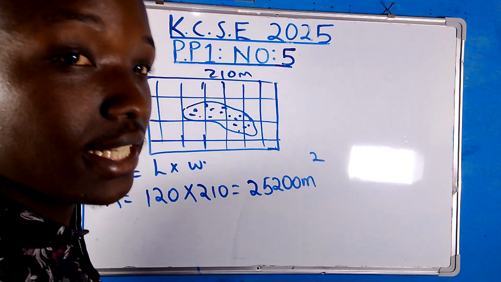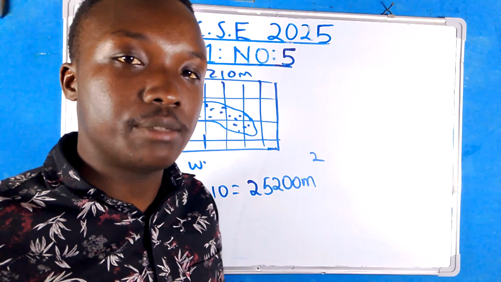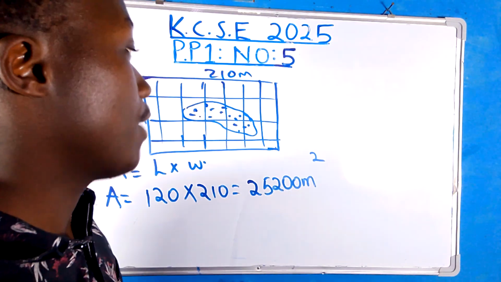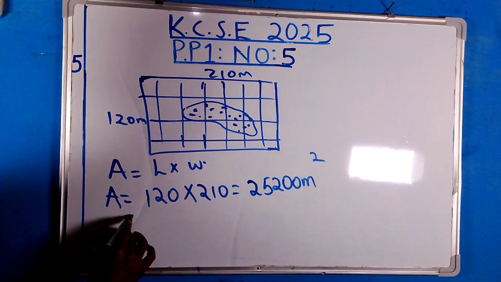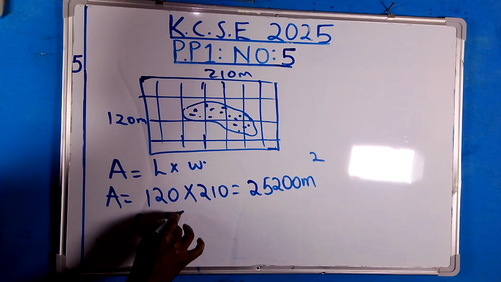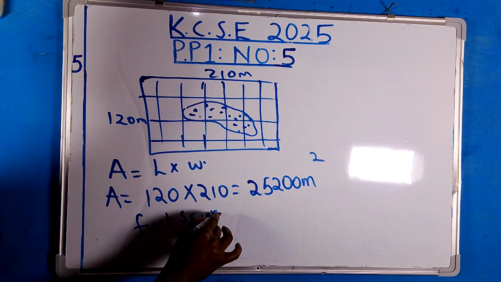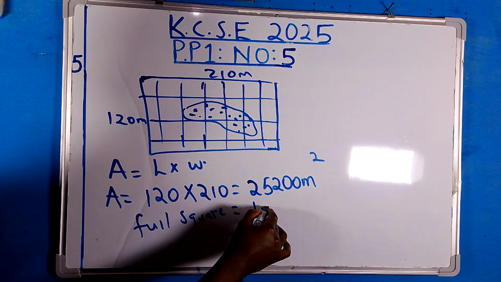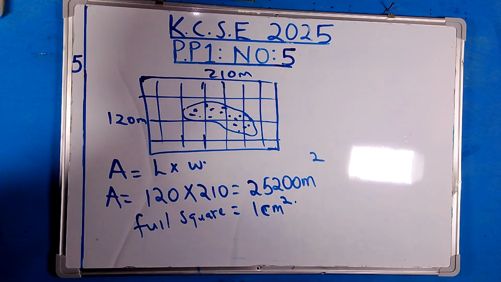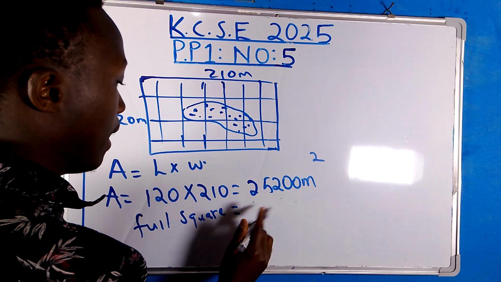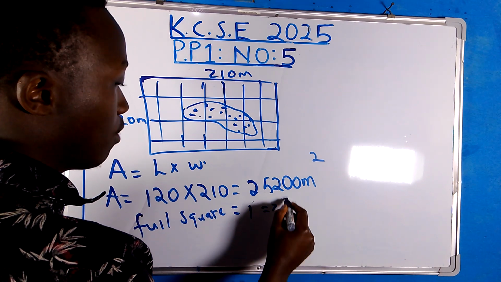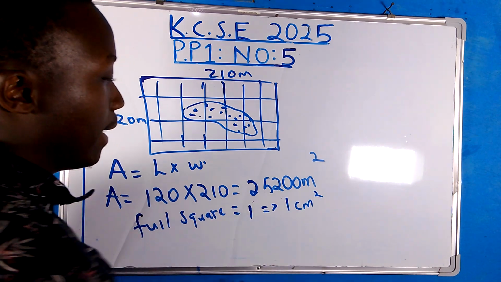If you count accurately from the diagram drawn on the question paper, you will get that the number of full squares is 1, so that is 1 centimeter squared.